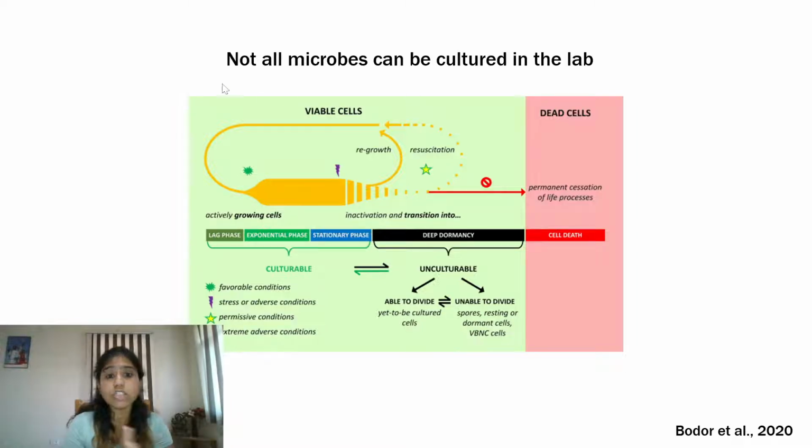So those come under favorable conditions. So under the favorable conditions being present, we can see that the microbes will shift from a lag phase to an exponential phase, where the growth increases exponentially.